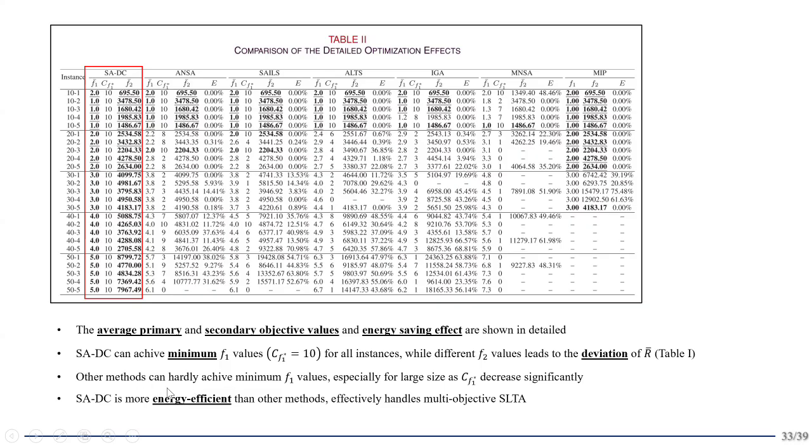We also observe that other methods can hardly achieve minimum F1 value, especially for larger sizes, as the value decreases when the problem size increases. And SADC is more energy efficient than other methods, effectively handling the multi-objective SLTA problem.